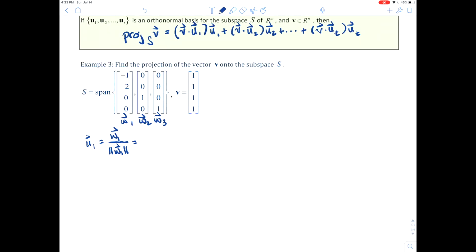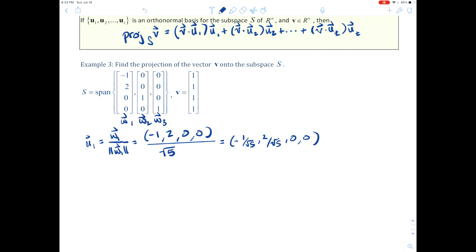W1 is -1, 2, 0, 0. What's the magnitude of W1? Beautiful. The square root of 5. And so we'll end up getting -1 over root 5, 2 over root 5, 0, and 0. I know this should be transposed, but we'll just work with it as a row vector and then transpose it at the end.